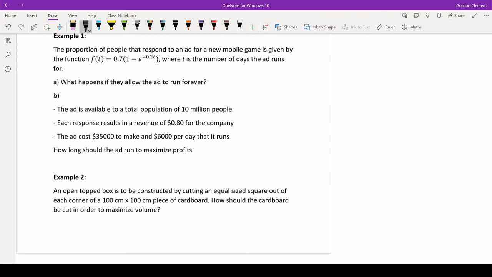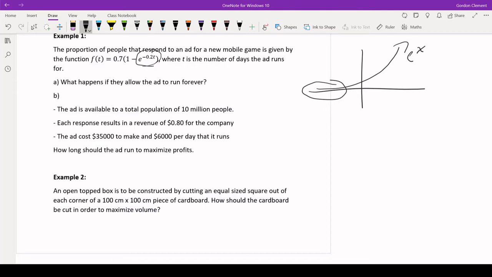I'm just going to draw e to the x. When t gets really, really big, the exponent on e gets really, really negative. So you end up out here on that graph.